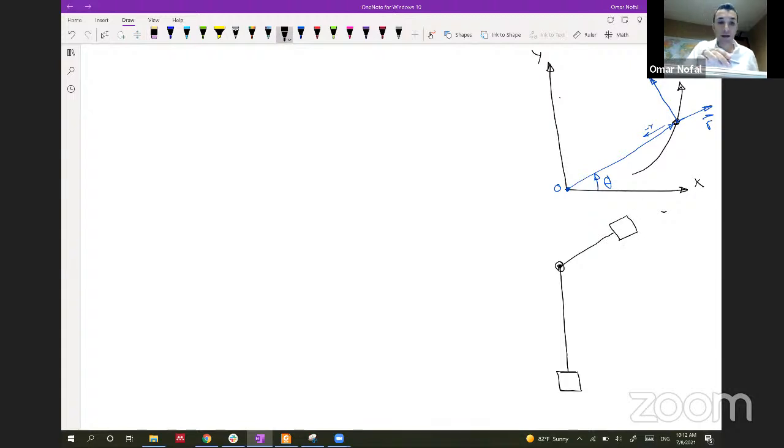Something like this. So here, if this is point O, and this is the direction of increasing theta, so if we have V1 equal to 0.5, actually it's feet per second.